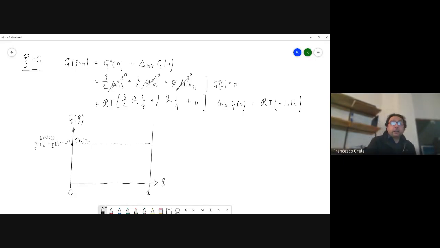And mixing causes a decrease of Gibbs energy, which is equal to delta mix G. In fact, if you do the maths, you have to multiply by RT, so it would be something like minus 4.6 kilojoules.